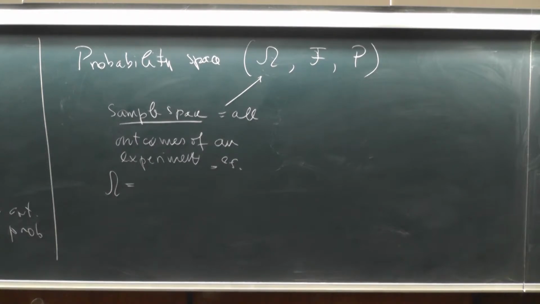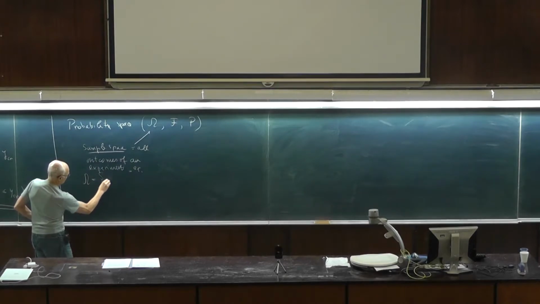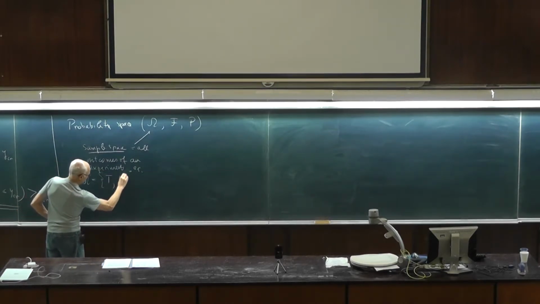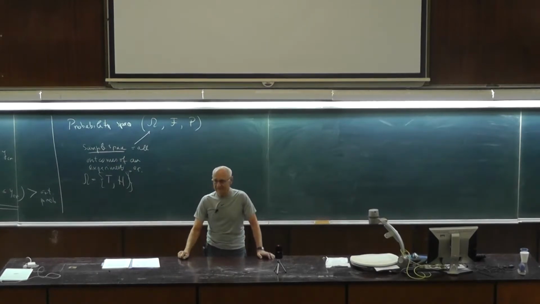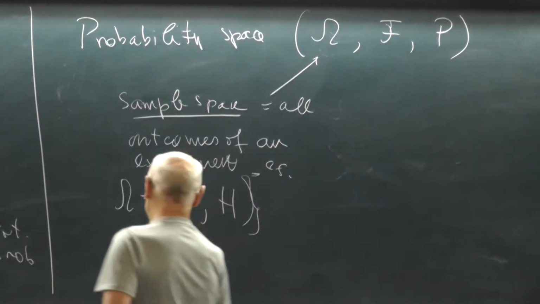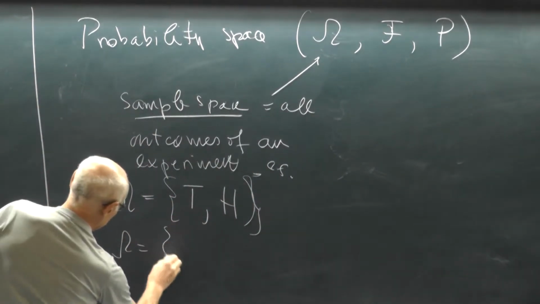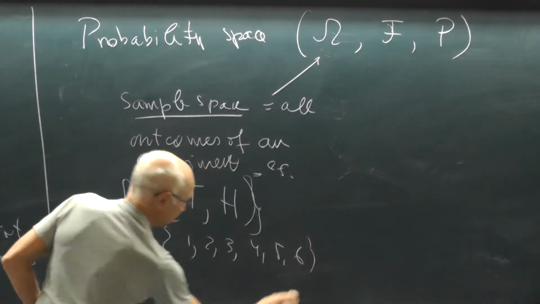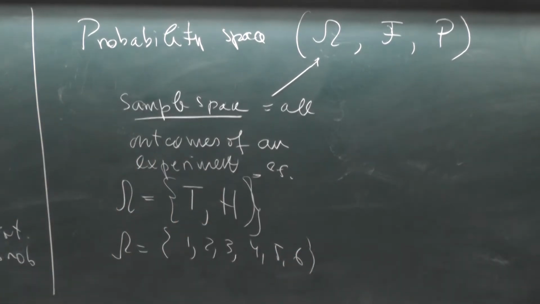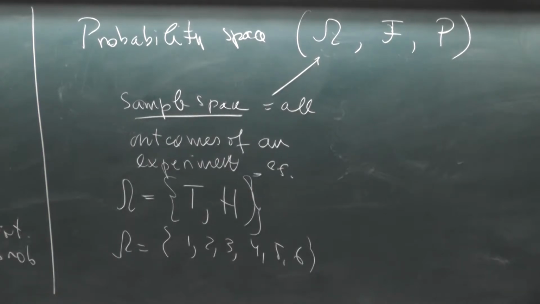If you toss a coin, the possible outcomes are tail and head. We assume that it cannot land on the edge and sit there, right? These are the only options. If you roll a die, you can see 1, 2, 3, 4, 5, 6. These two sample spaces have something in common: they are finite. They have a finite number of elements.